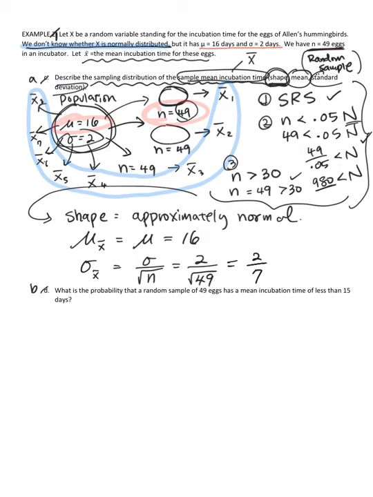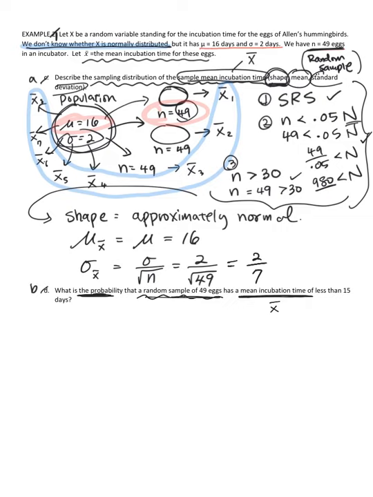All right, so part B. What is the probability that a random sample of 49 eggs has a mean incubation time of less than 15 days? Now we're talking about the probability of the mean incubation time, which is x bar. How do we know it's x bar?